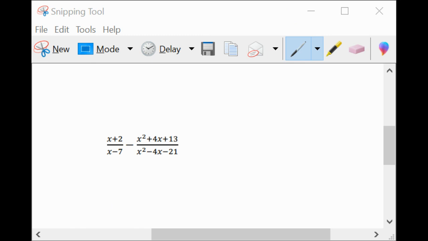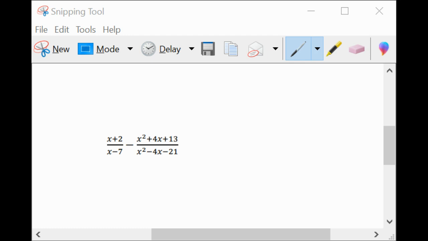All right, now this problem, a little bit different. I'm going to decide what my common denominator is, and then I'm going to go from there. They are not the same right away. So I know I'm going to put a fraction here plus another fraction equals, and then my final fraction for my answer.